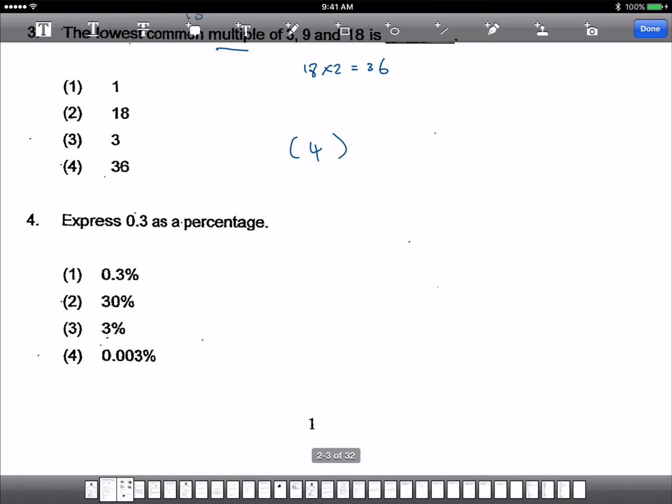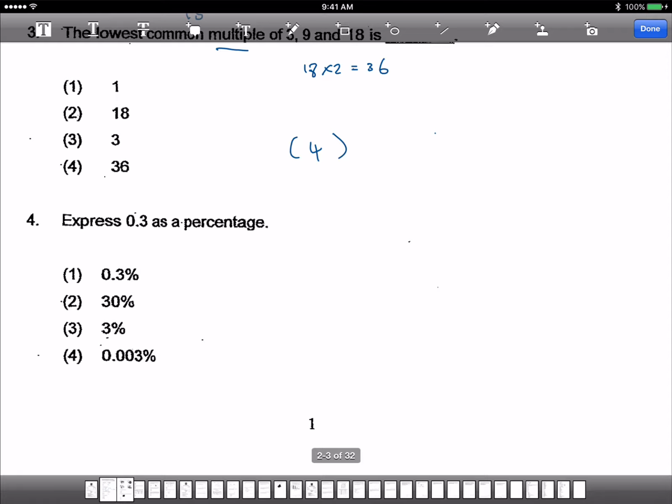In figure number 1, it's 12 of them. Then in figure number 2, it's 15 shaded parts. Here it's 11, and here it's 14. So the answer obviously is 2.